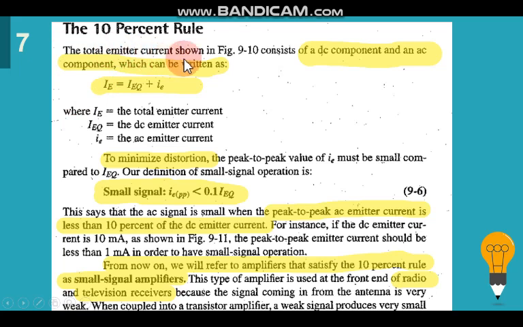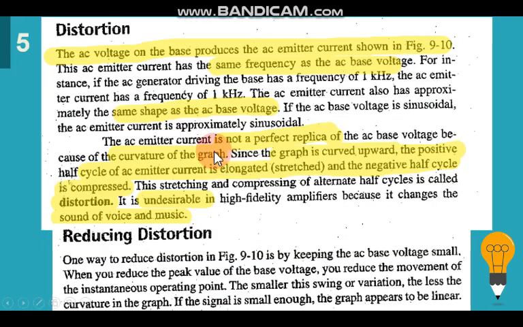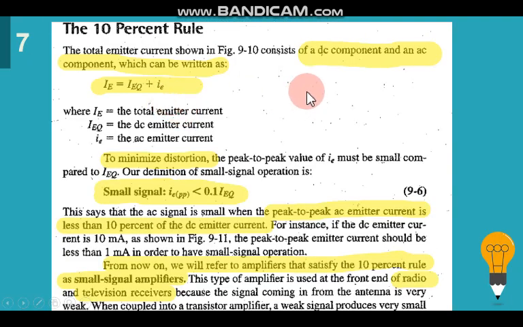So the total emitter current shown in figure 9.10 will be a DC component plus the AC component. So your IE is equal to IEQ plus ie, that is DC plus AC.